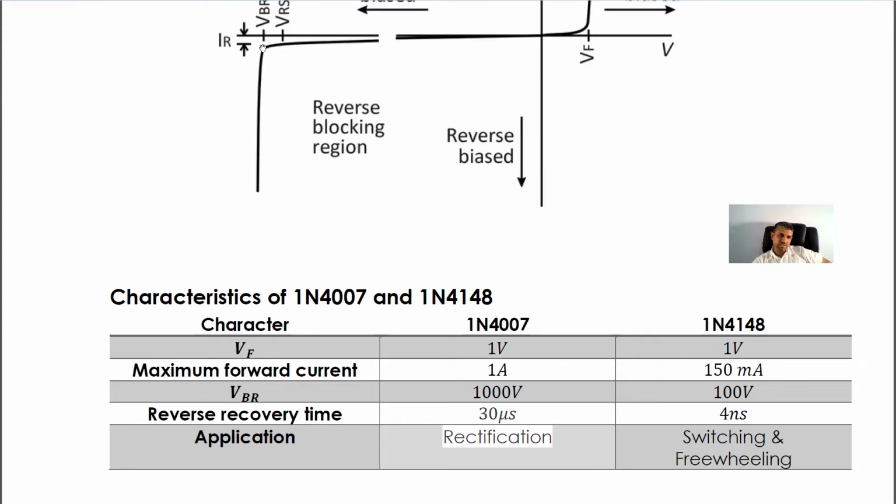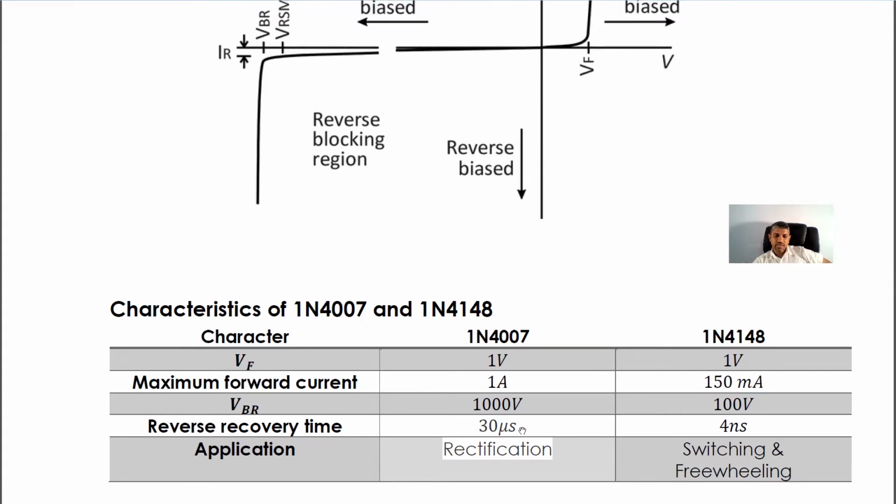This is reversible. If you pass this point, it is irreversible. You cannot reverse it. So the other important point that I want to mention is the reverse recovery time. What is it? Reverse recovery time has to do with when the diode is in reverse bias mode.